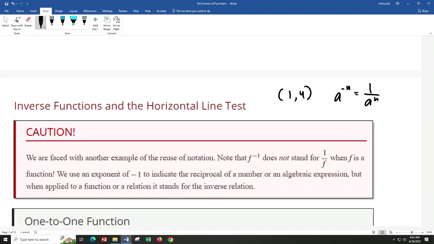Remember, it's an inverse when you have a negative power, but this is not the case here. This is just a notation issue. It's saying when you see f of -1, g of -1, this is the inverse of a function. Okay? You're seeing the inverse of it. So it's a good caution to know because I used to get confused by these all the time.